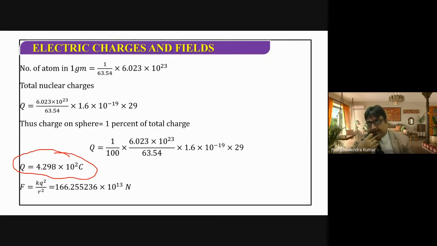Won't there be Q1 and Q2? One will have less and one will have more. Why less and why more? Because if from one sphere I remove 10 electrons, that will be 10 units of positive charge, and on the other where I put them, that will be 10 units of negative charge. How will they be different?